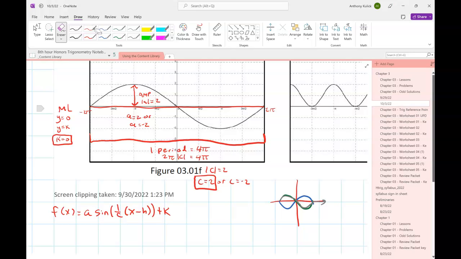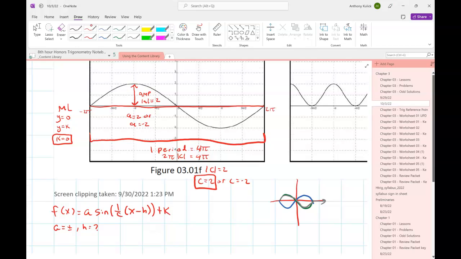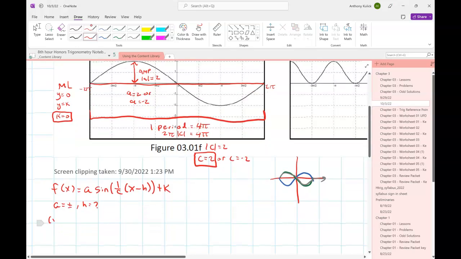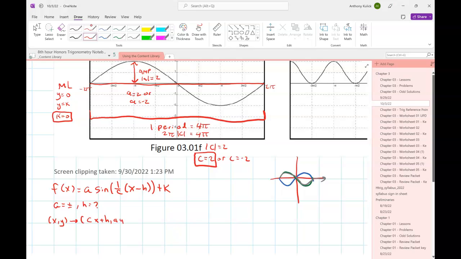All right. So the last thing I need to do is figure out whether A should be positive or negative, and then I need the value for H. So to do that, what I'm going to be using is my map that I used when I graph that transforms parent function into resultant function.